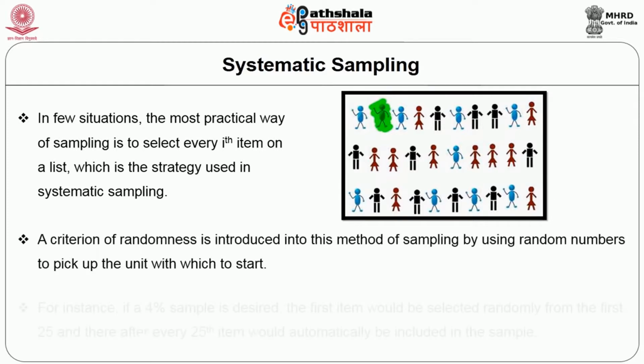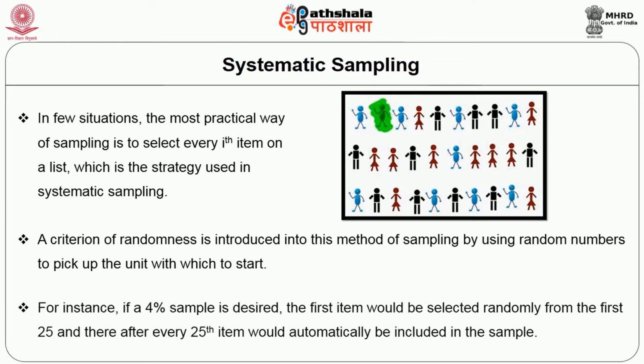A criterion of randomness is introduced into this method of sampling by using random numbers to pick up the unit with which to start. For instance, if a 4% sample is desired, the first item would be selected randomly from the first 25, and thereafter every 25th item would automatically be included in the sample.